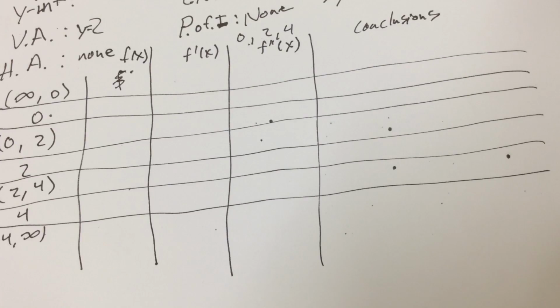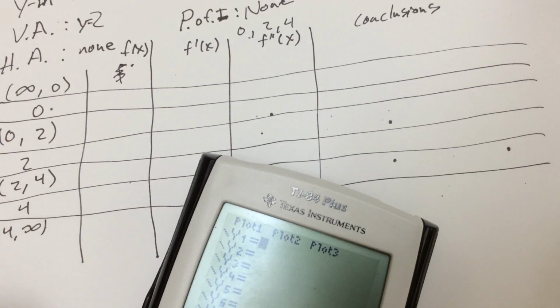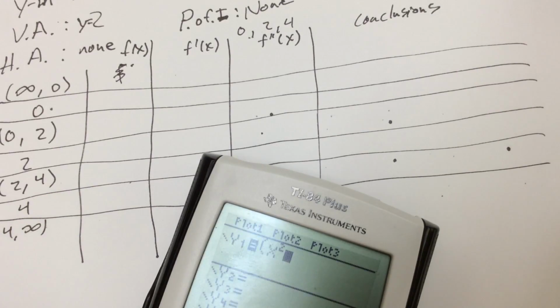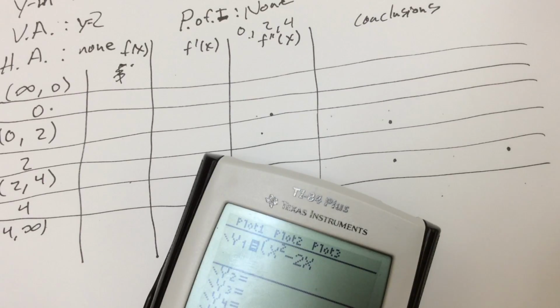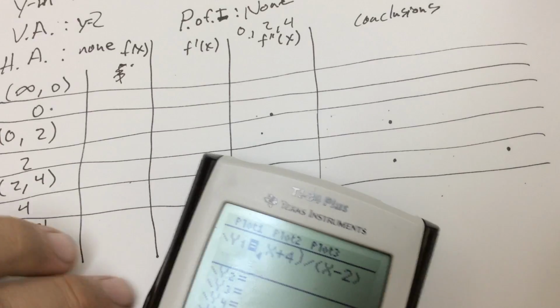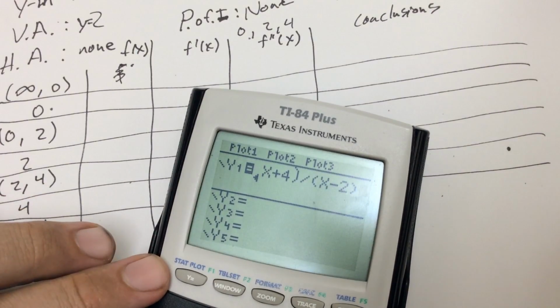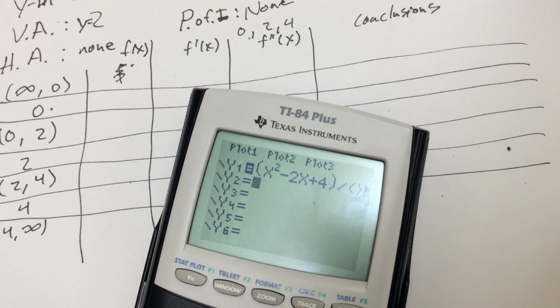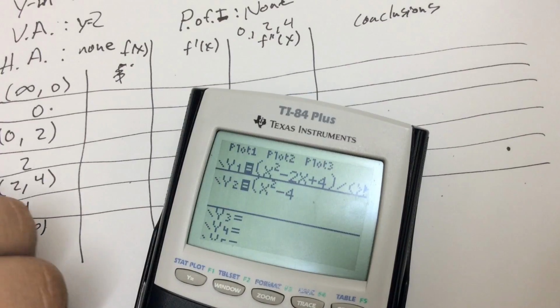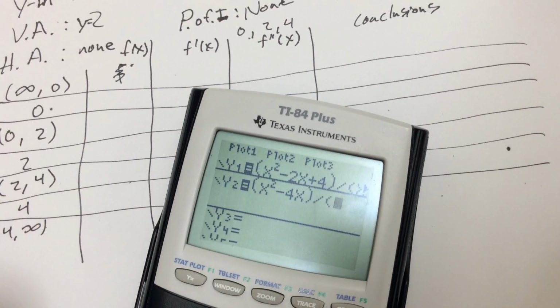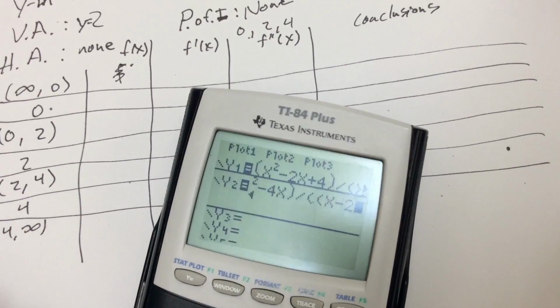I'm going to clear out what I have already in there. First I'm going to put the top: x squared minus 2x plus 4 divided by x minus 2. Y2 is my first derivative, which ended up being x squared minus 4x on the top divided by x minus 2 squared on the bottom.